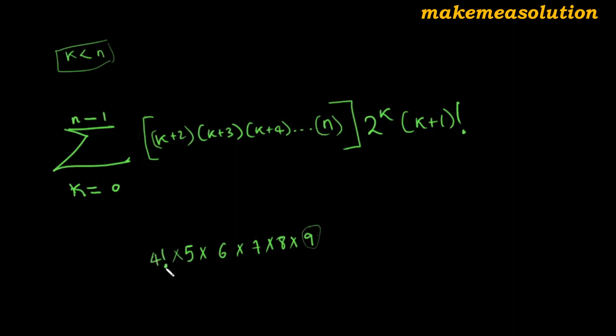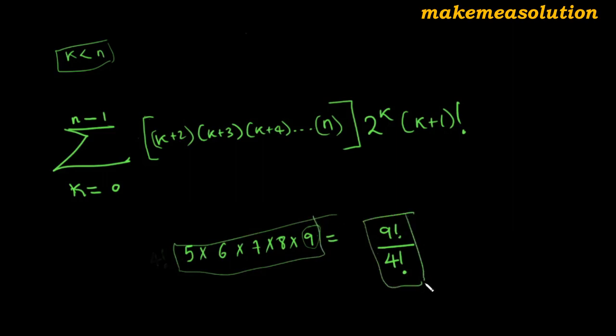So if I were to write this number the way it is right now in terms of 4 factorial, I'll say this number is still the same thing as 9 factorial divided by 4 factorial. Okay, so this whole product that you're seeing is still the same thing as saying 9 factorial divided by 4 factorial.